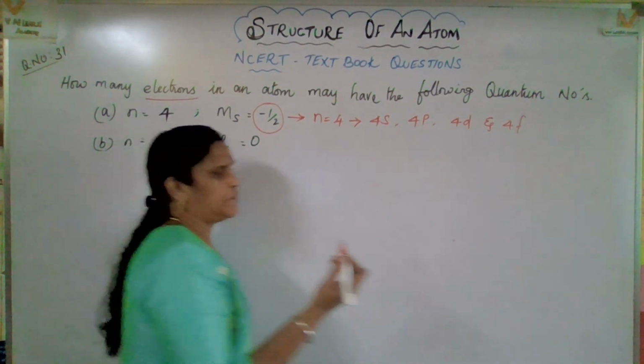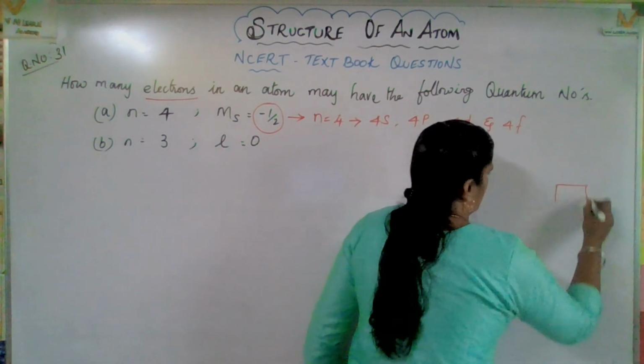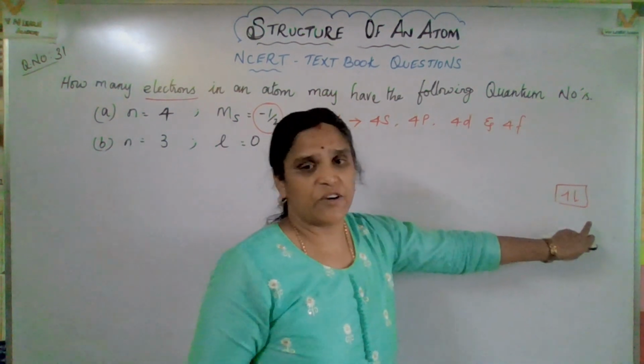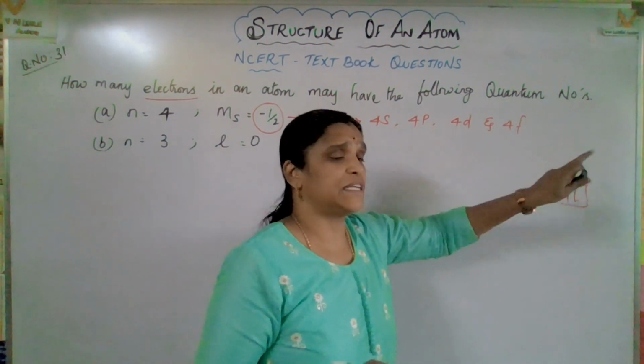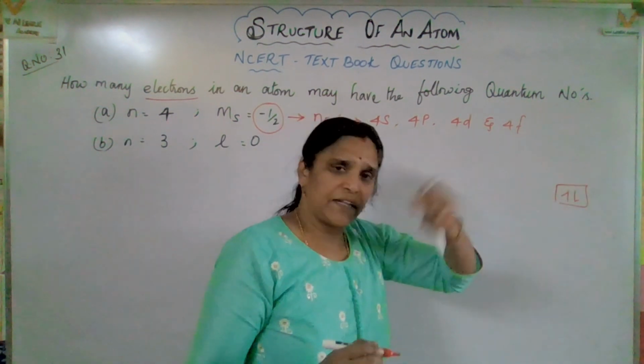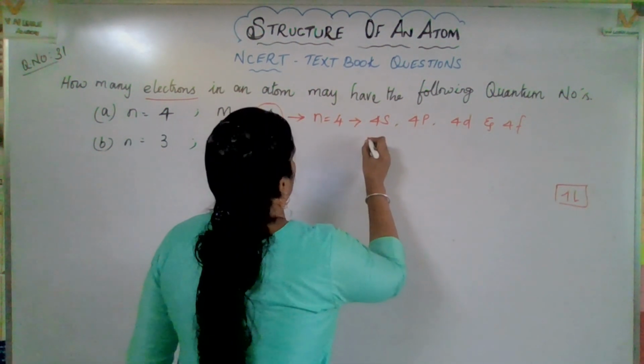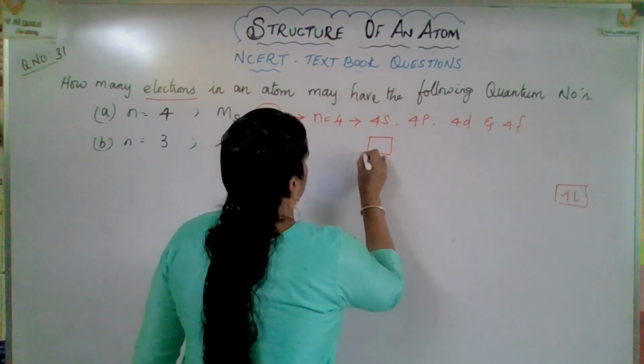Usually, suppose a compartment is there, it holds plus half and minus half, so it is two electrons: one of plus half and the other of minus half. In this, they mention only minus half.